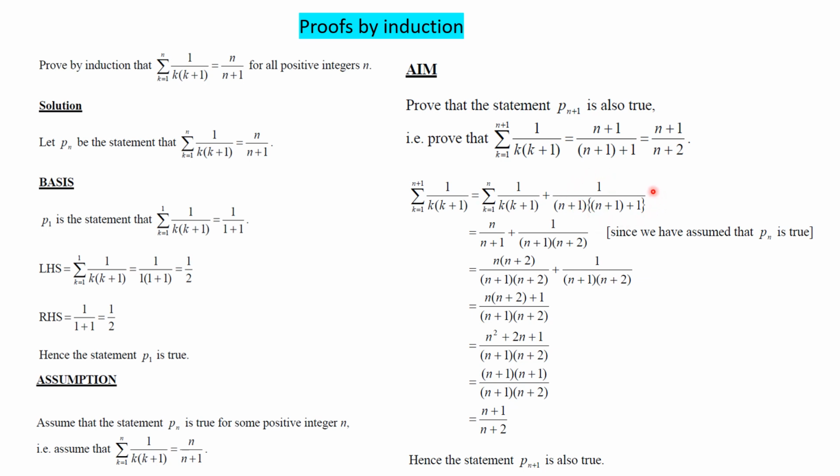From here, you can replace this first sum with n over n plus 1, because that's what we assumed in the second step. Now you need to take the common denominator and then do some simplification. Now you will get to here, which is what you want to prove.